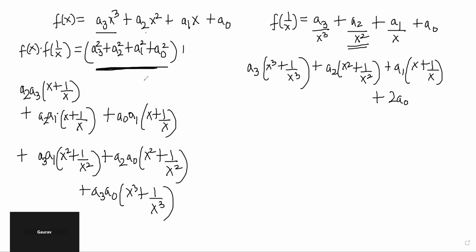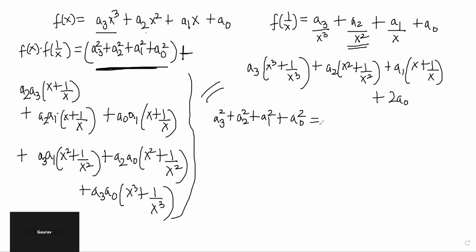If this polynomial that we have here is supposed to be equal to this polynomial, we will get equations like what? Like, first of all, the squares a3 square plus a2 square plus a1 square plus a0 square is equal to 2a naught, right?